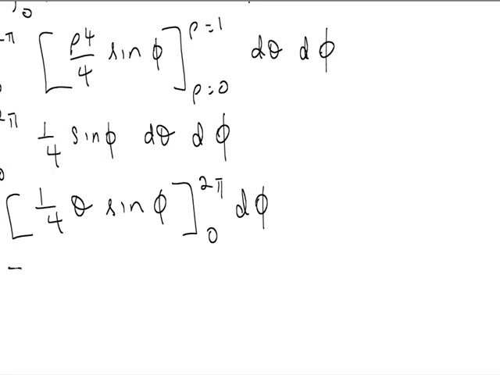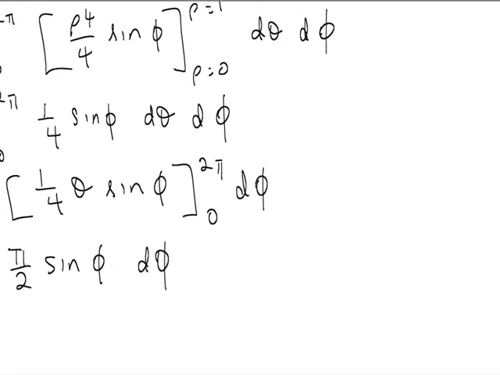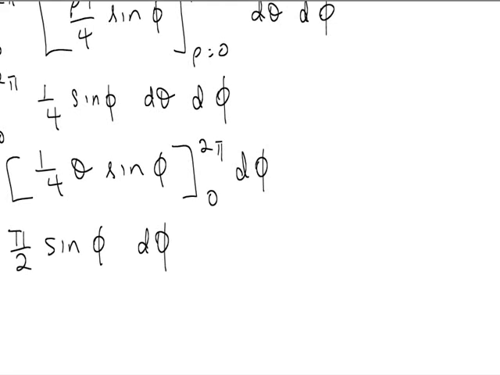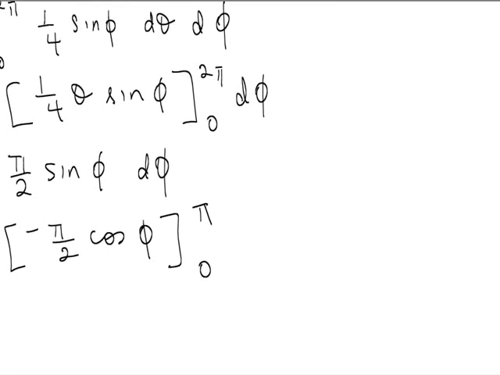Pi over 2 sine phi d phi. Integrate minus pi over 2 cosine phi 0 to pi, which works out to be pi over 2 plus pi over 2, which is pi. So the integrals are not too bad to evaluate, because more or less you realize we're doing the same thing.